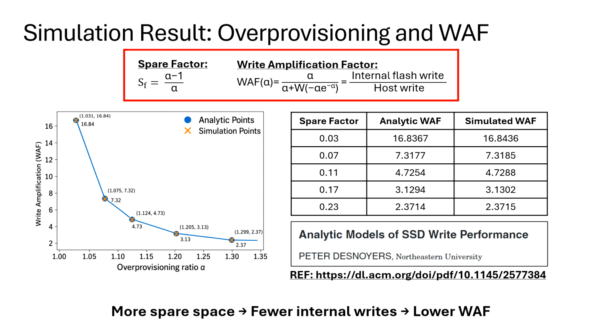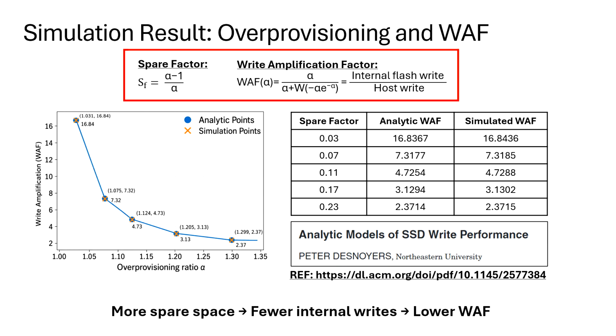As we see in the plot, as we increase the over provisioning ratio alpha, the write amplification goes down, and in the table we can see that the analytical write amplification factor and the simulated write amplification factor using FTLSim are quite similar.